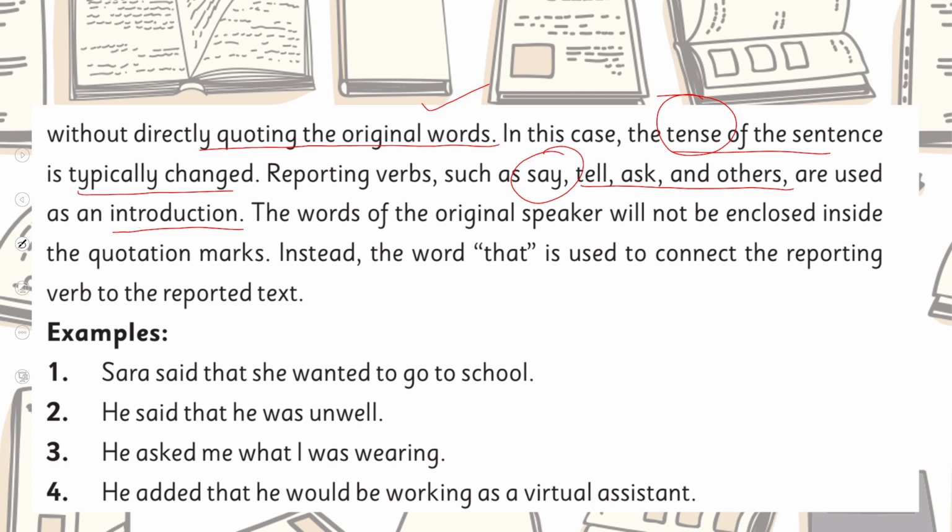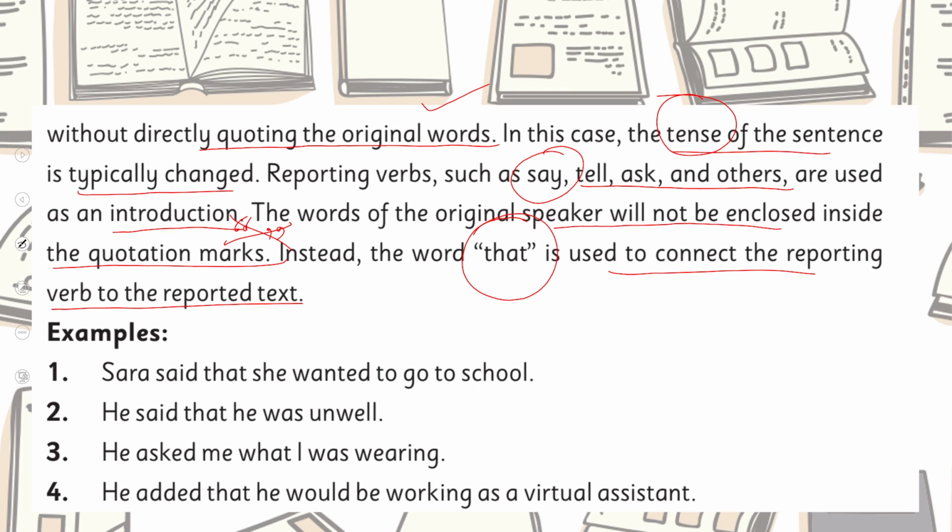The words of the original speaker will not be enclosed inside the quotation marks. So, no quotation marks will be used in indirect speech. Instead, we will replace these quotation marks with the word that, and we use it to connect the reporting verb to the reported text. Now, this is the theory, a very good explanation of an indirect speech.